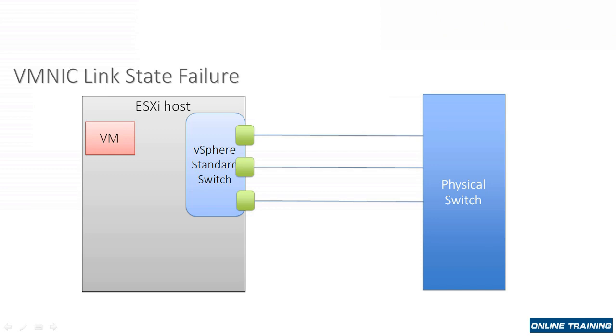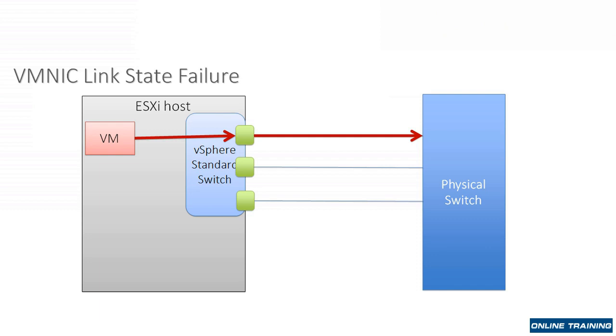So in this slide, we see a virtual switch with 3 VMnics, and our network is currently in a healthy state. All 3 of my adapters are connected. They have a nice green link light and everything is working properly. And I've got this virtual machine on the left, and the traffic for this virtual machine is currently flowing through the first adapter.